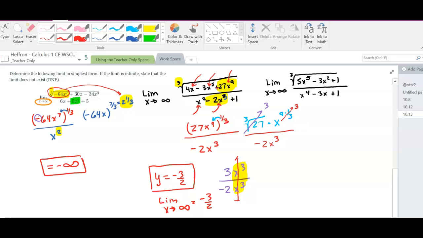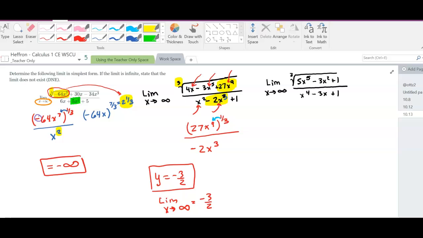Now let's look at the last example. Again, the biggest power in the numerator is a 5, but also a divide by 3. And in the denominator, we have x to the 4th. So we're going to have 5x to the 5th, all to the 1/3.